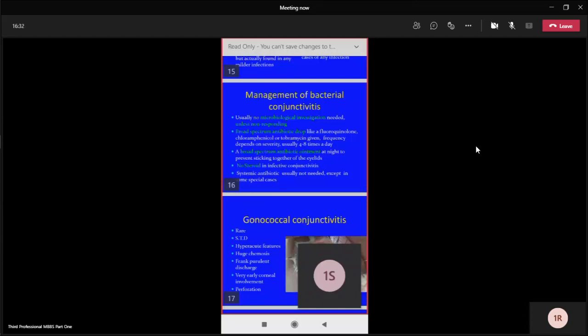In case of children, we usually use tobramycin. A broad spectrum antibiotic ointment at night. No steroid is used. Systemic antibiotic usually not needed, except in some special cases.